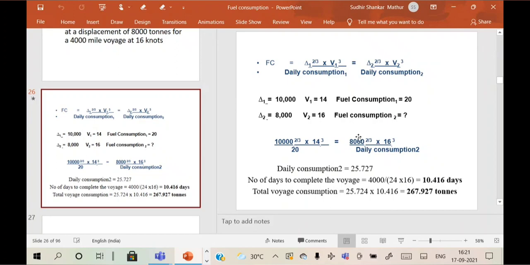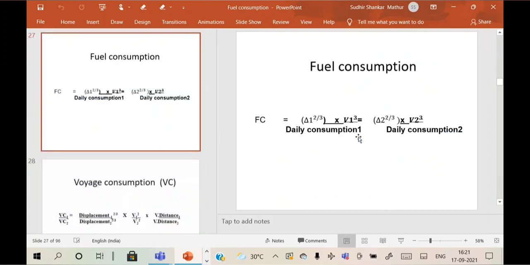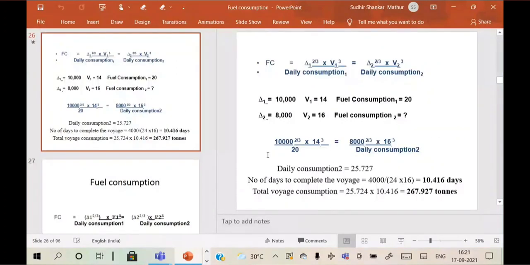And 267.9 is the voyage consumption, 10.4 voyage days. 25.7 is actually the answer for daily consumption only. Now voyage consumption has been asked. So you must get 267.9 or 268 as your consumption.